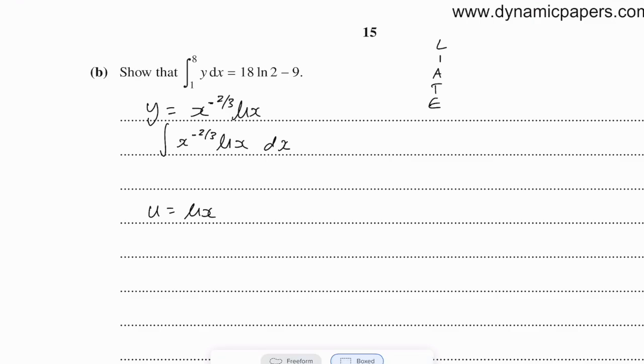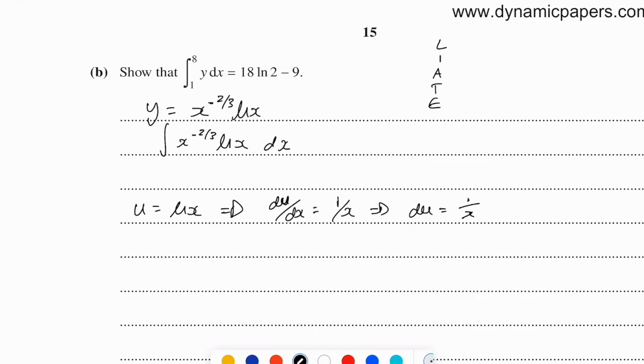So we're going to pick that as u. So u is equal to ln x, which means that du by dx is equal to 1 over x. Therefore du is equal to 1 over x dx.